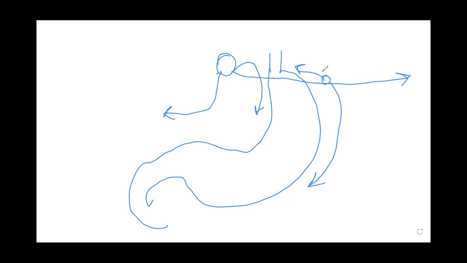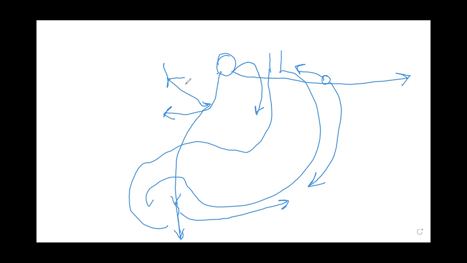Then the hepatic artery gives off the hepatic artery proper that goes to the liver to divide into right and left hepatic arteries. Then the gastroduodenal artery. This gastroduodenal artery gives off the right gastroepiploic artery and continues as the superior pancreatico-duodenal artery.